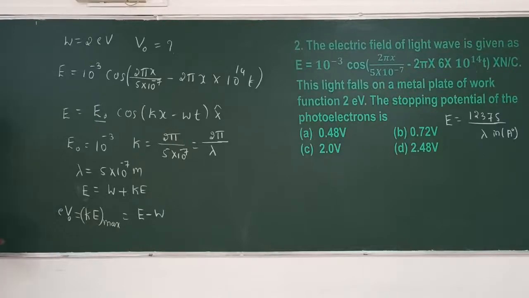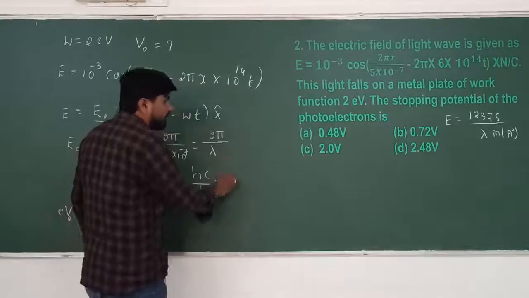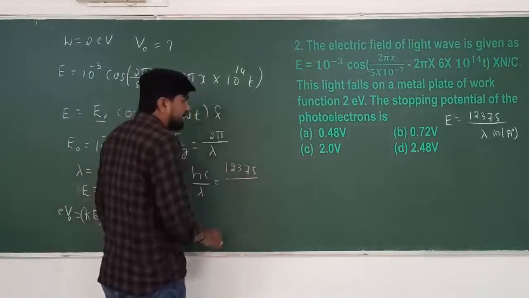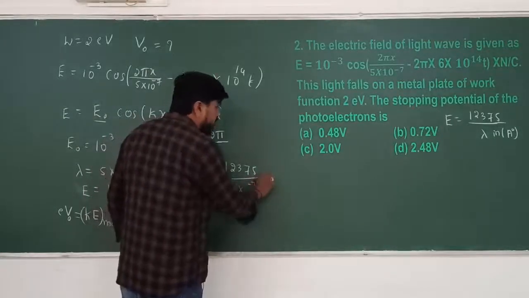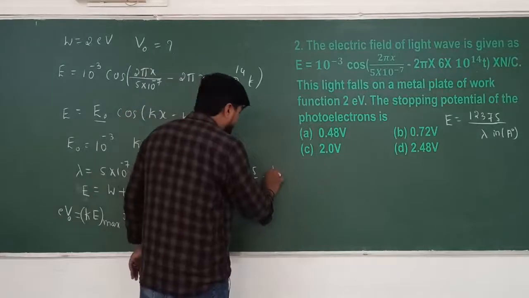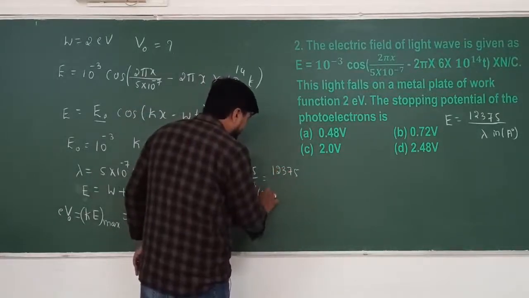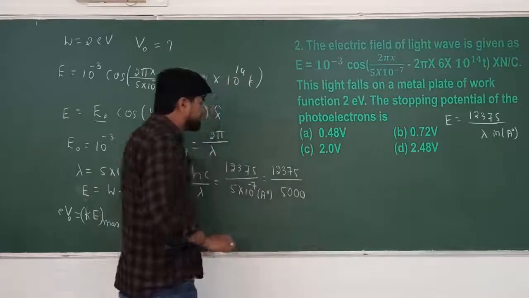So hc by lambda is equal to 12375 whole divided by the wavelength, 5 into 10 power minus 7, which is given in terms of Armstrong. So 12375 whole divided by 5000 Armstrong.